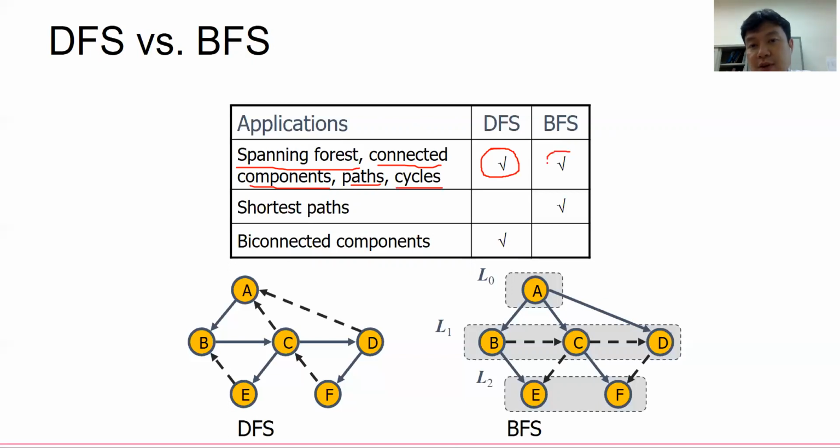Both BFS and DFS are good for this. But BFS is good for the shortest path. As I mentioned to you, many navigation systems use BFS instead of DFS. But DFS is actually good for connected components.